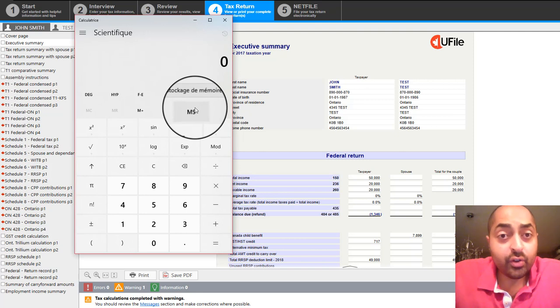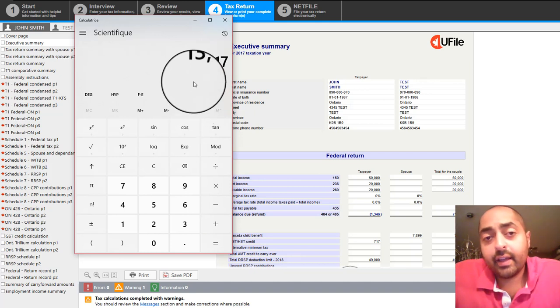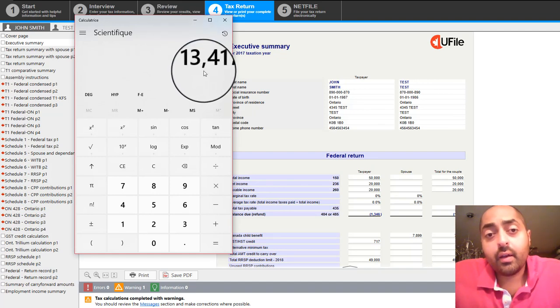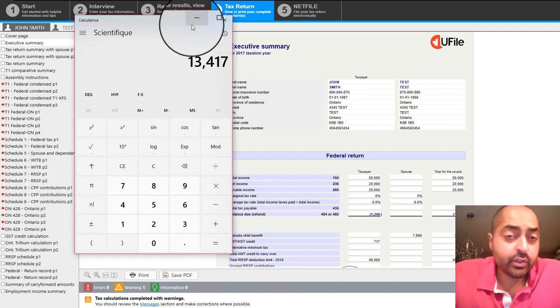So basically his 30K of RSP contribution got him a difference of 10K in tax savings plus 717 plus 2,700. So his 30K contribution at the salary bracket that he's at got him a savings of 13,417.